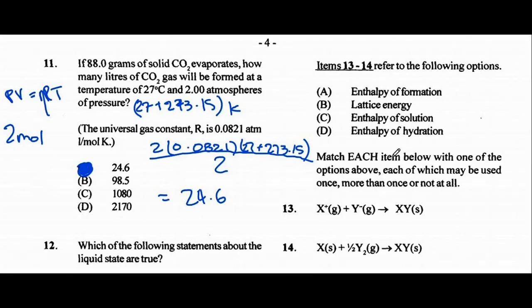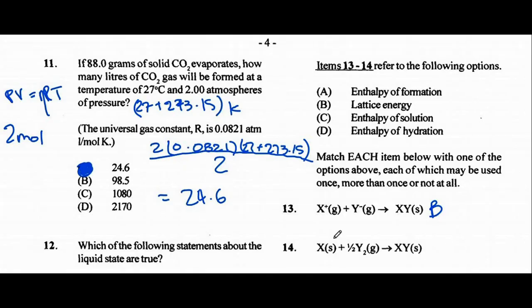Alright, so we have X here, and it's an ion, and it's in its gaseous state. And also here we have another ion in its gaseous state, and we see where it forms a compound that's in its solid state. And this is 13. This is lattice energy of formation.